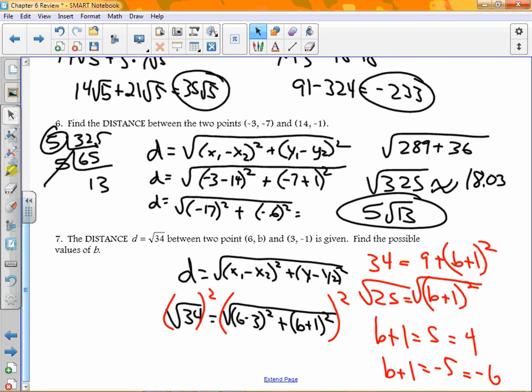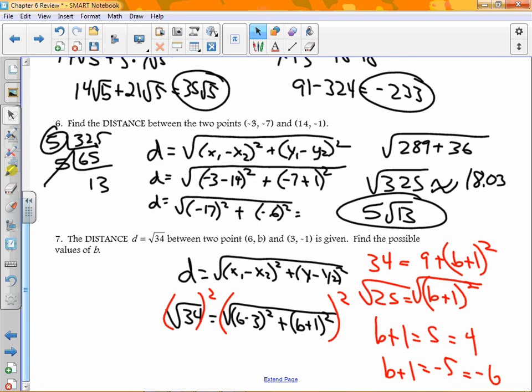So right here, when I took the square root of this, I had to work b plus 1 equals 5, because 5 times 5, and I had to work b plus 1 equals negative 5, because negative 5 times negative 5. So the numbers, watch, this is why I showed you that problem yesterday, 4 and negative 6. You can plug either number in.